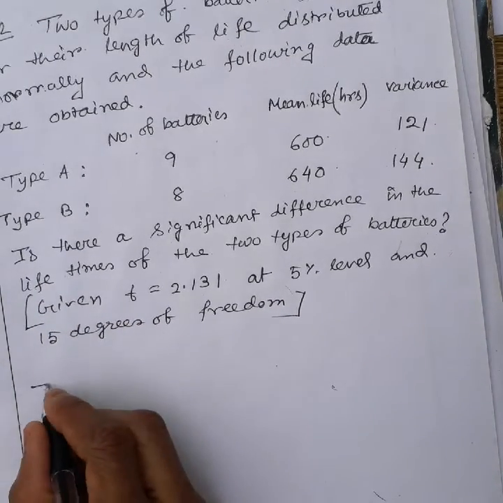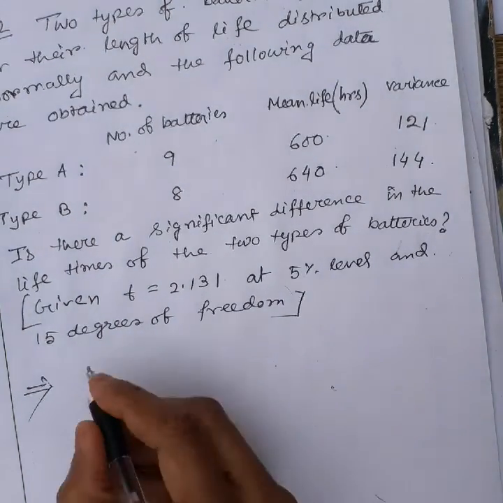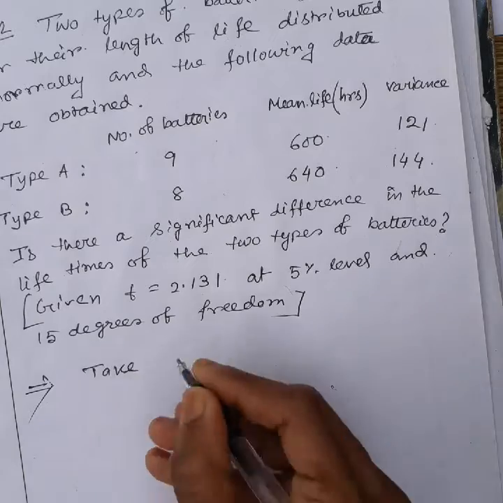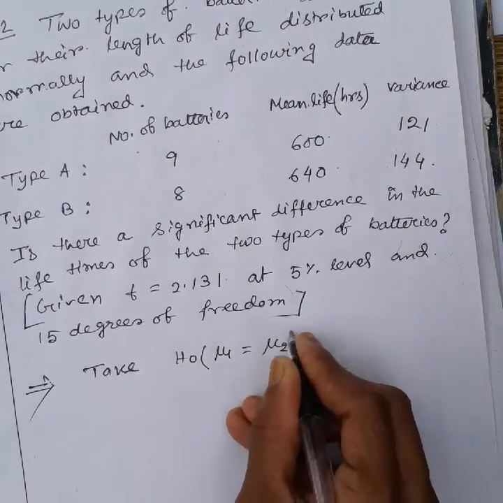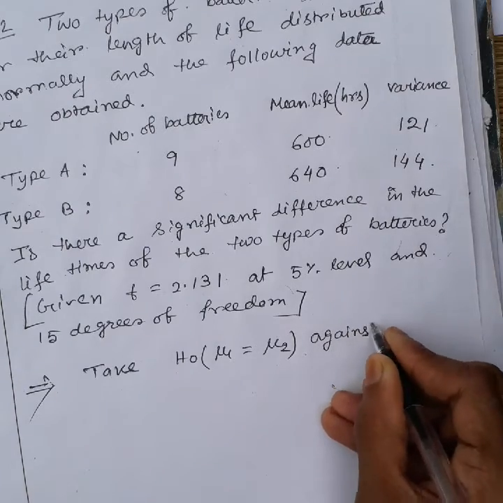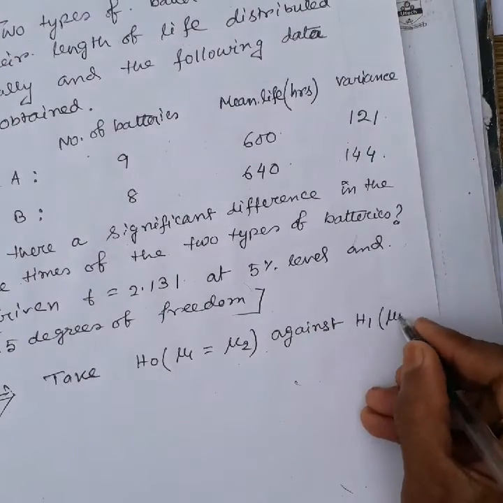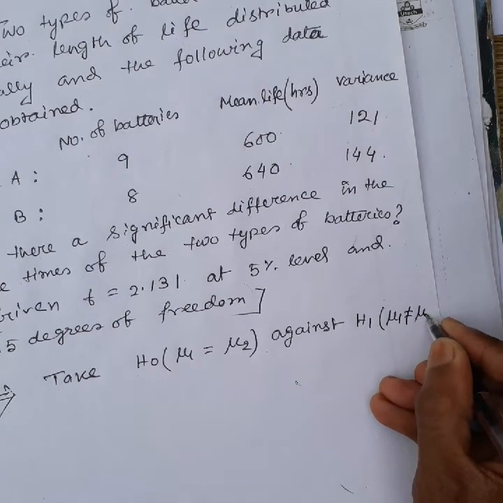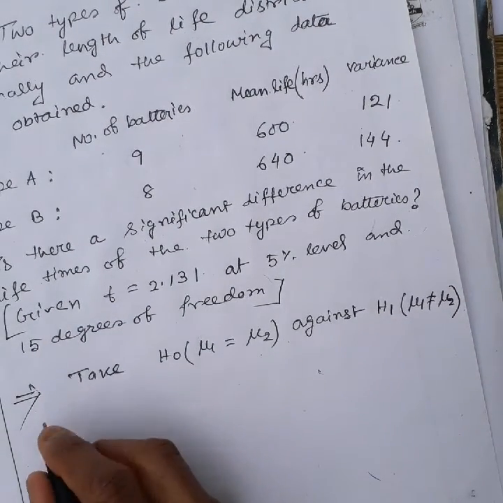Okay, so to solve this problem, we take here the null hypothesis H0: mu1 is equal to mu2, against the alternative hypothesis H1: mu1 not equal to mu2, and it is both sided.